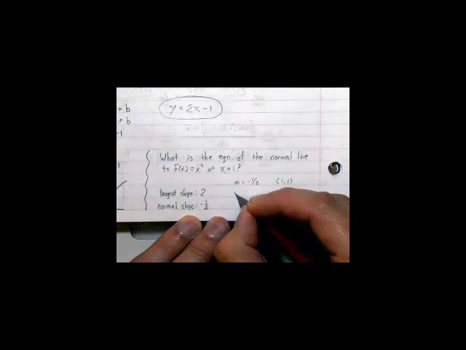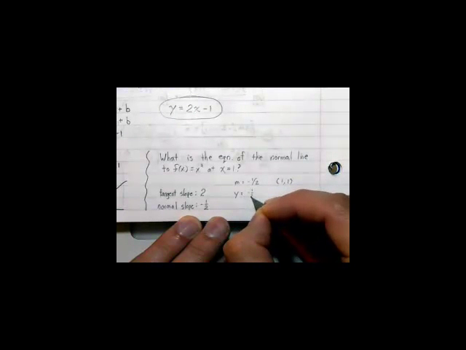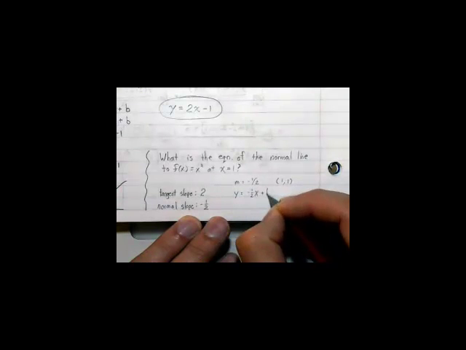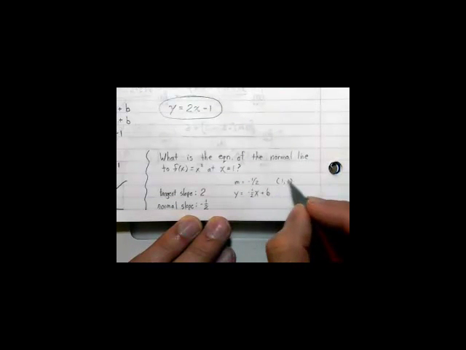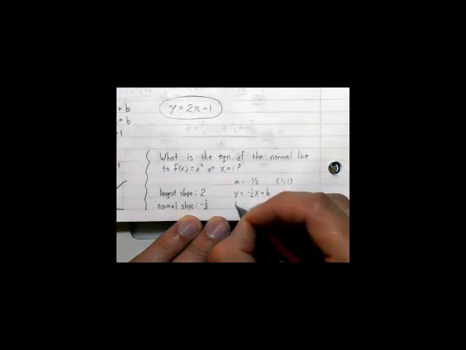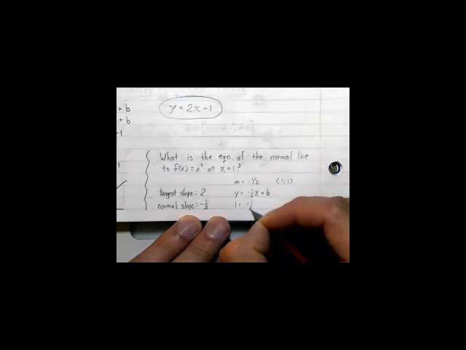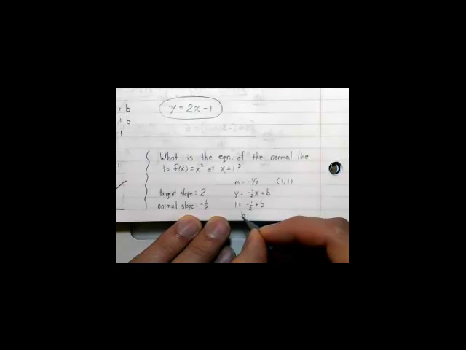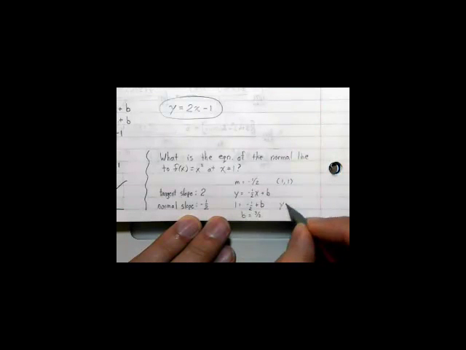So y equals negative 1/2 x plus b. If we plug in the 1, 1: 1 equals negative 1/2 plus b. So b equals, if I add a half to 1, that's 3/2. So my normal equation is y equals negative 1/2 x plus 3/2.